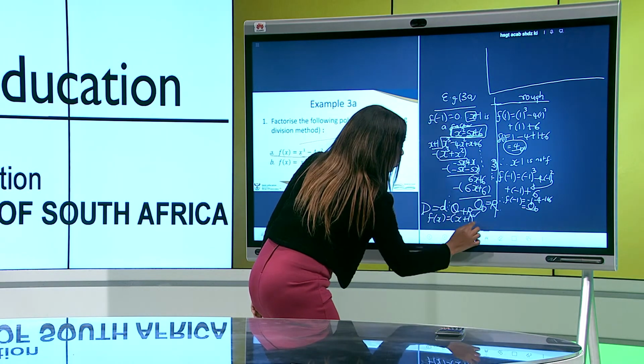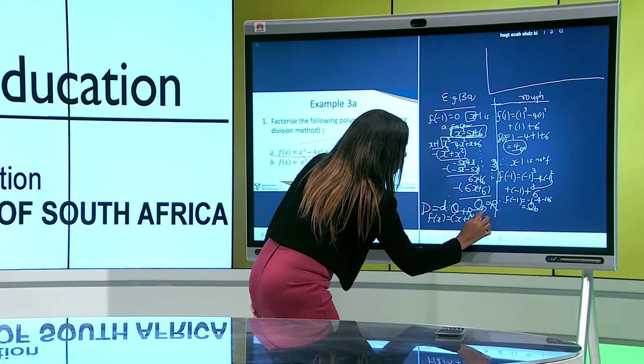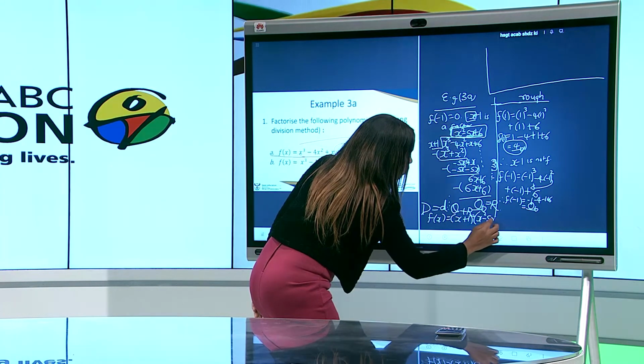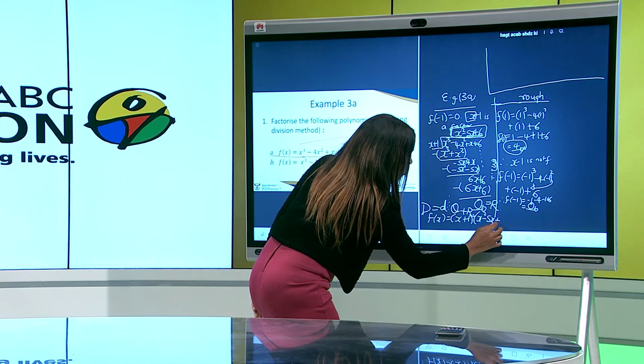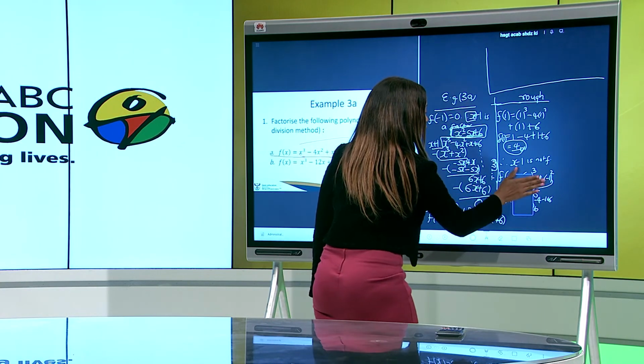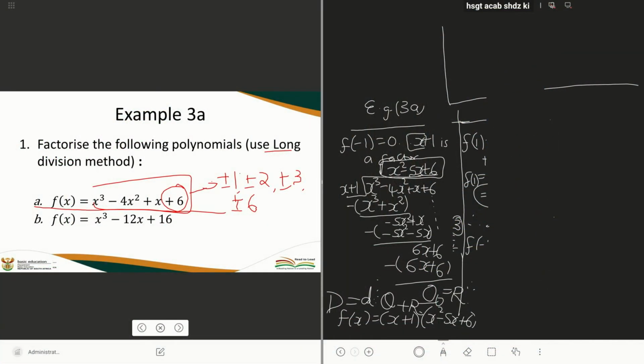Your quotient is x squared minus 5x plus 6, right? Therefore, what is your final answer on this one? You're going to have your factors as x plus 1, and then you can factorize this. Remember, this one is your quadratic expression.